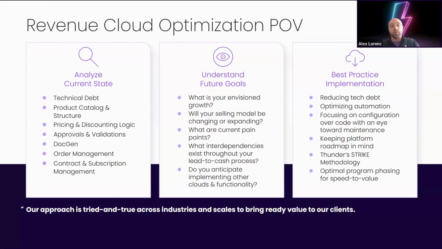And then contract and subscription management, something that CPQ does really well, but again, RCA brings another level of functionality there that is more future focused and gives more flexible handling of subscriptions and assets. And so we want to understand that portion of it too.